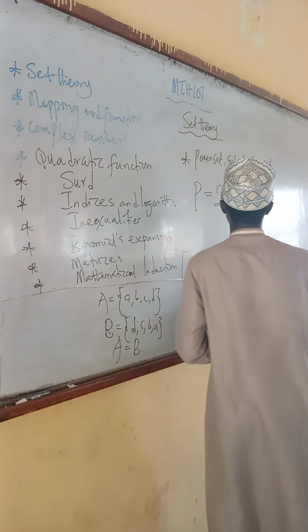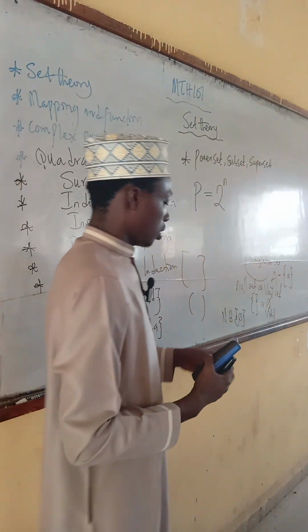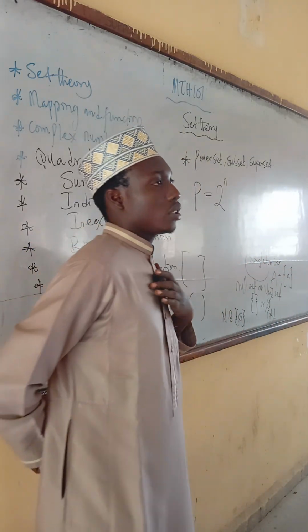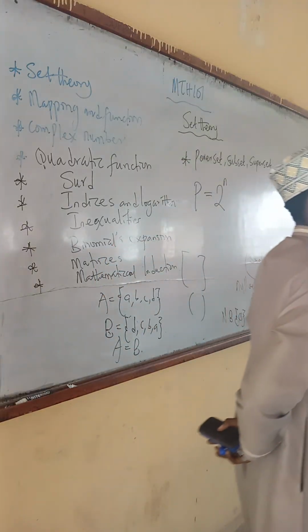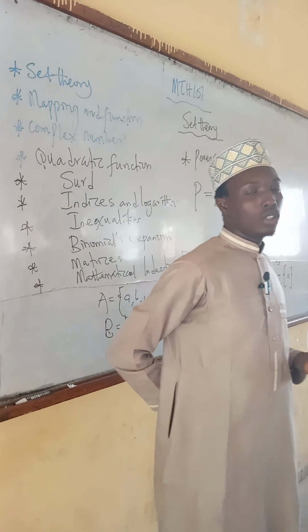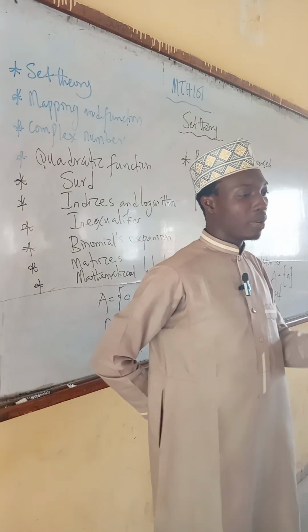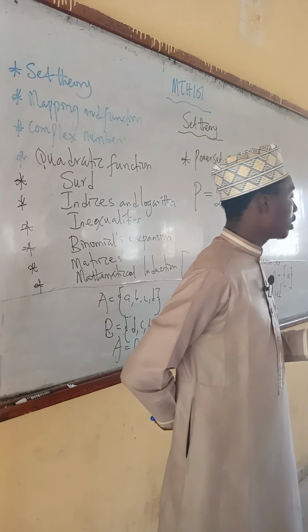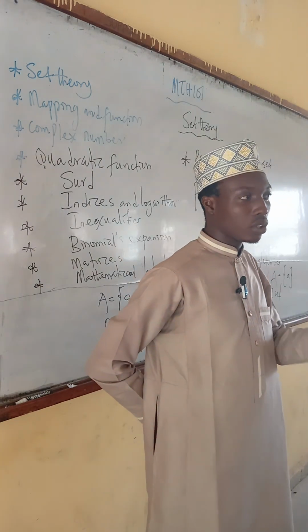So, what do you mean by this? Let me use beans as an example. In beans, you can see moimoi there, you can see akara there, another thing you can see is baby, and you can also see other things.